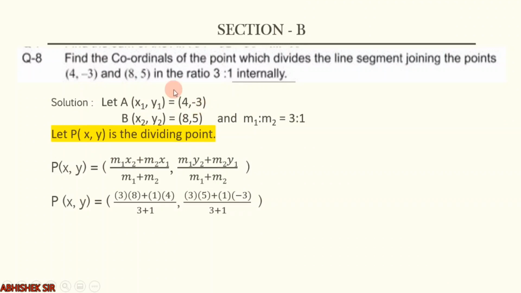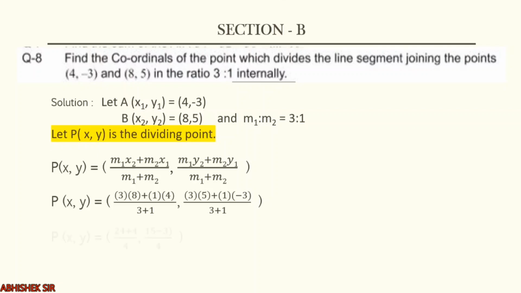You will have to check these values for putting over here. So 3 into 8 and 1 into 4 upon m1 plus m2, which is 3 plus 1. For y, m1 y2 is 3 into 5, and m2 y1 is 1 into minus 3, upon m1 plus m2.